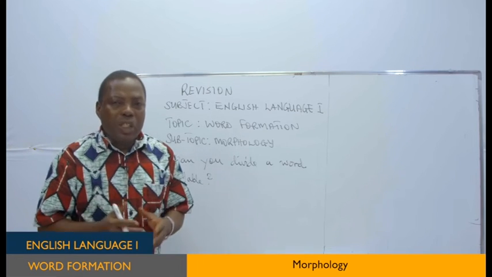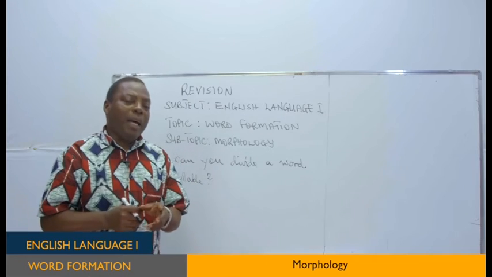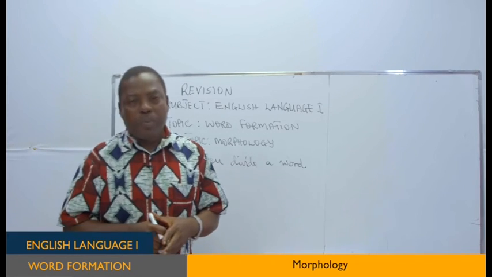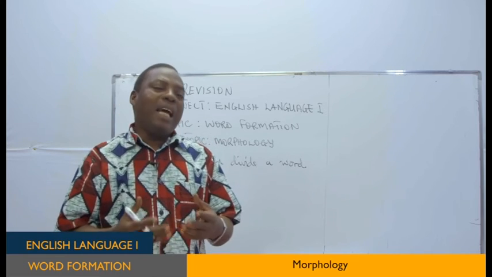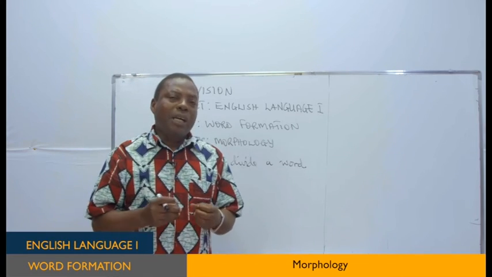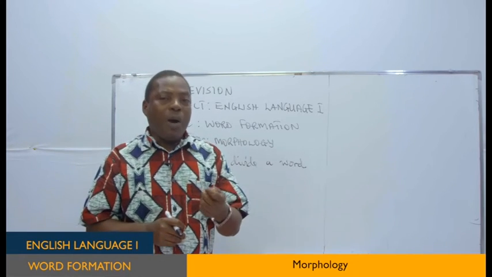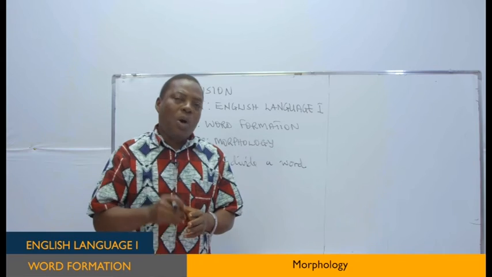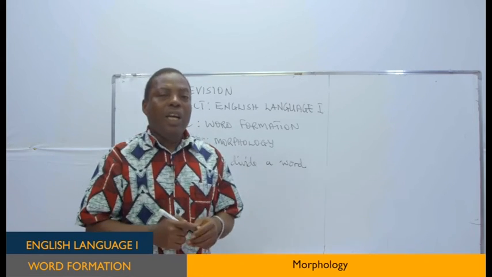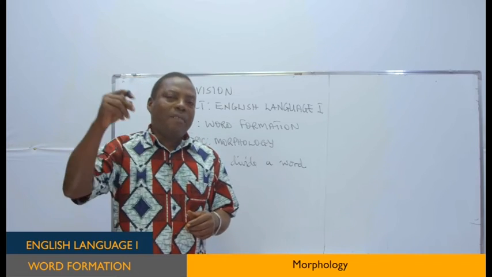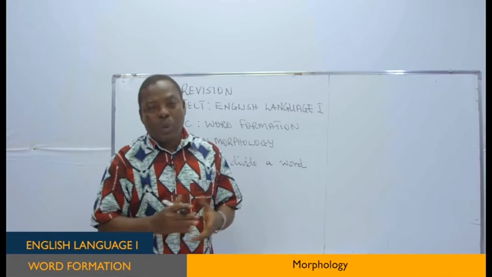But when it comes to the English language, the syllables can either be open and or can be closed. A closed syllable is a syllable that ends with a consonant, something which doesn't exist in Kiswahili. And so a Swahili speaker, once he or she comes across a syllable that ends with a consonant, will tend to put a vowel at the end so that the syllable would sound similar to those of the Kiswahili language.